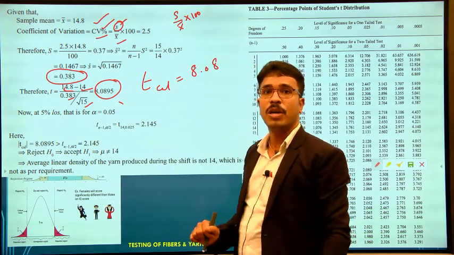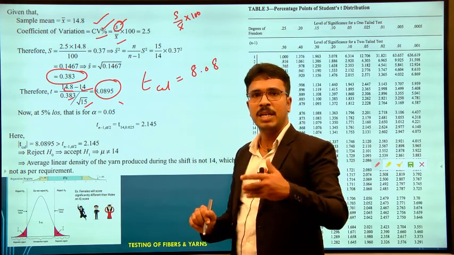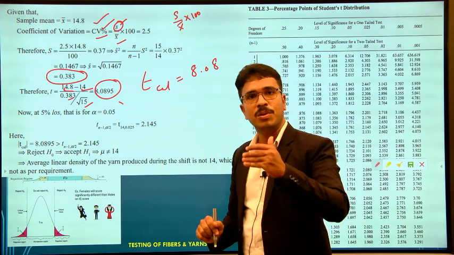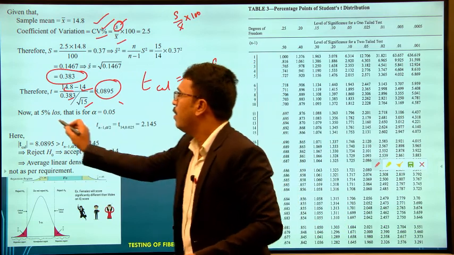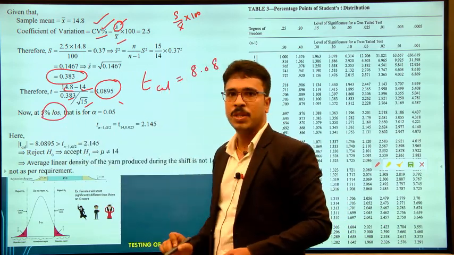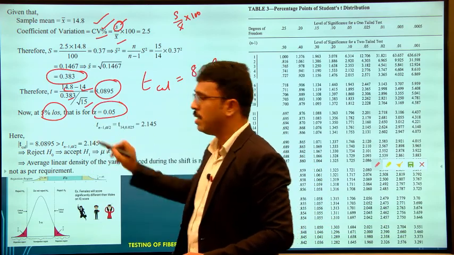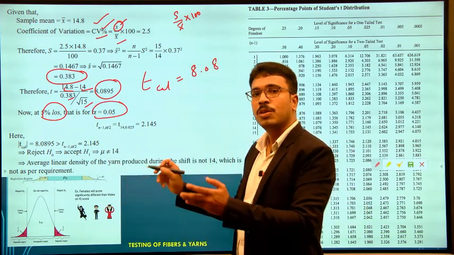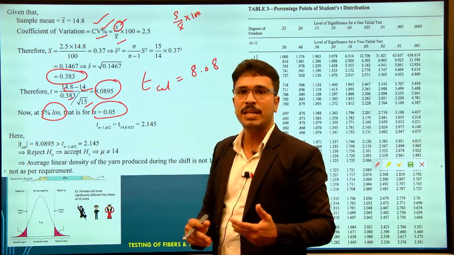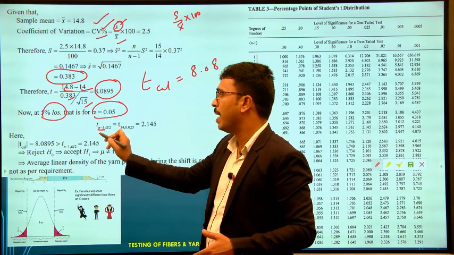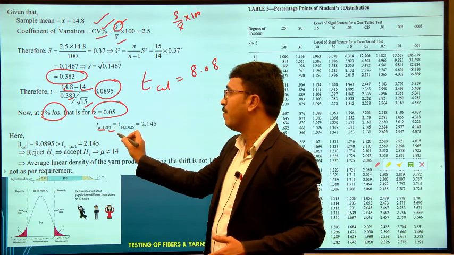T calculated is 8.08. Now, in the problem, is there anything about the level of significance? It is not given, so you can assume the level of significance at 5%. At 5% level of significance, alpha is obviously 0.05. To find the value in the table, we take the degrees of freedom n minus 1. Since it is a two-tail test, that is alpha by 2.